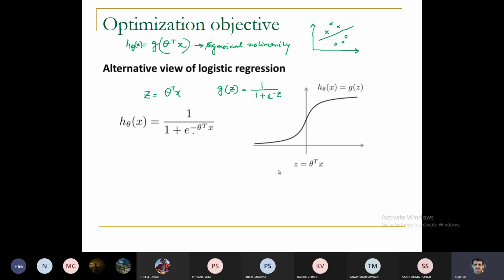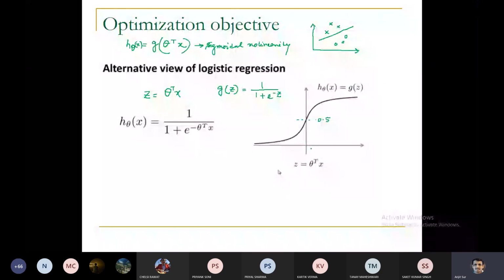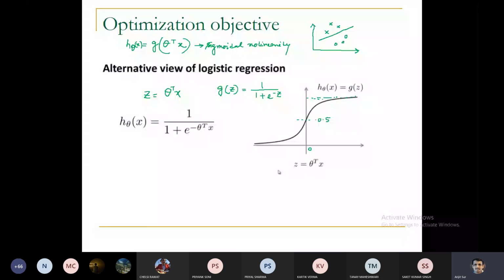So it is 1 over 1 plus e to the power minus theta transpose x. If you recall the basic shape of the sigmoid, this is 0.5, this is 0, and this is 1.